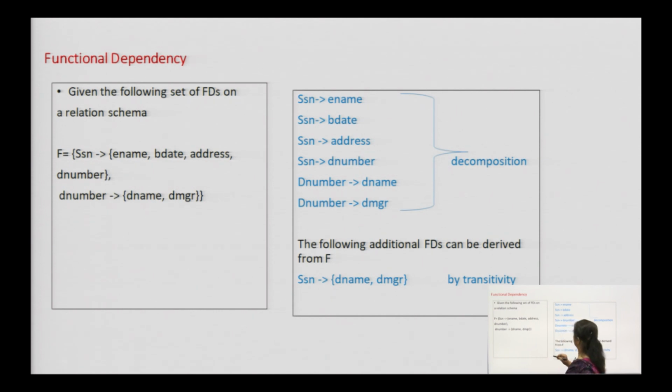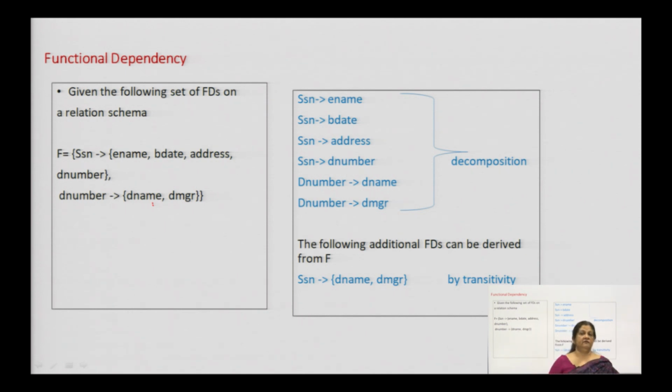For example, let us see, we are given this set of functional dependencies. SSN determines ename, birth date, address and dnumber, and dnumber determines dname and dmanager number. I have decomposed the right hand side over here: SSN determines ename, SSN determines birth date, SSN determines address, SSN determines dnumber, dnumber determines dname, and dnumber determines dmanager.